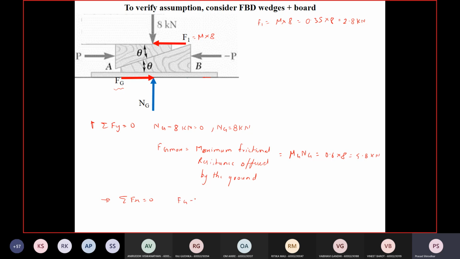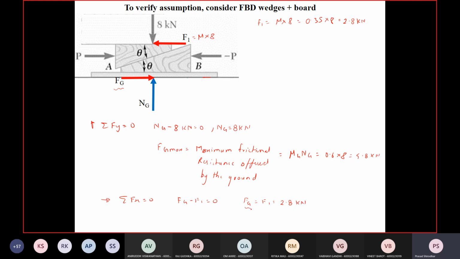So Fg minus F1 is equal to 0. So Fg is equal to F1. Fg is equal to F1 is equal to 0.35 into 8. So that is equal to 2.8 kilonewtons. Okay.